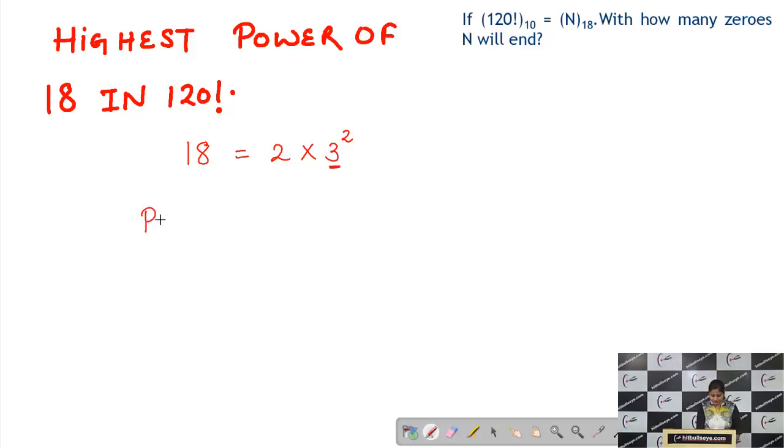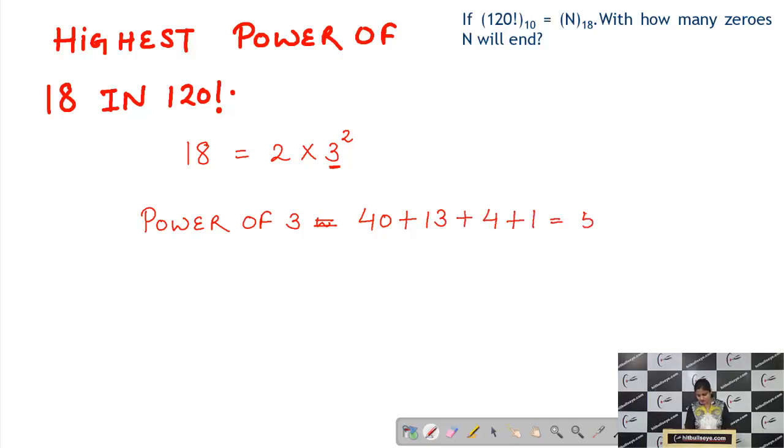Now power of 3 will be, first of all we will take 120 by 3, that is 40, then 40 by 3, that is 13, then 13 by 3, 4, 4 by 3, 1, which comes out to be 58. So power of 3 in 120 factorial is 58, but we need power of 3 square. It will be half of 58, which is 58 by 2, that is 29. So what is the highest power of 18 in 120 factorial? It will be 29 only.